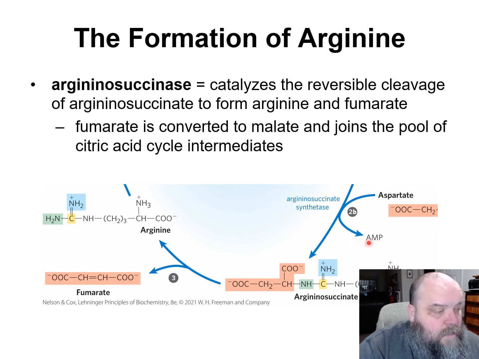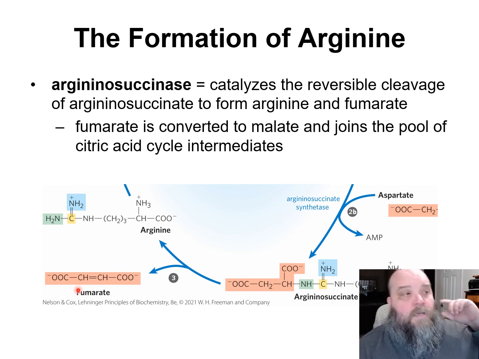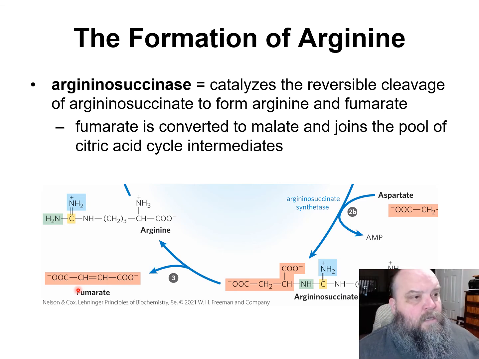Aspartate added in here, as you see, gives you this argininosuccinate, which is going to cleave right here. This is the leaving group, which is fumarate. Fumarate, if you remember from the previous chapter, can then be transformed into malate, or any of the amino acids, or turned into a fatty acid.